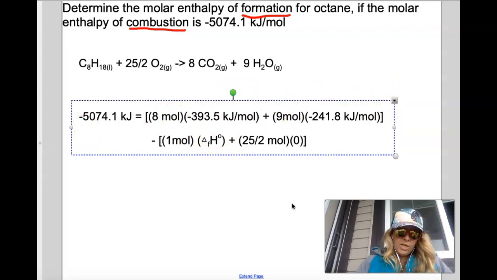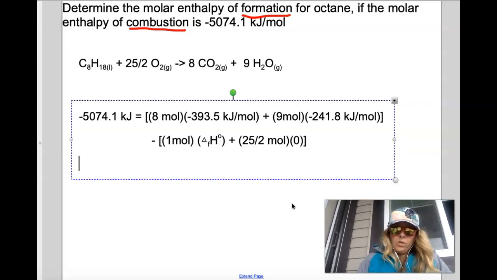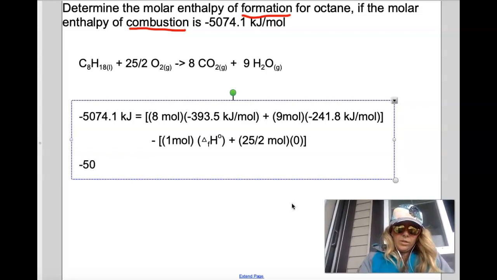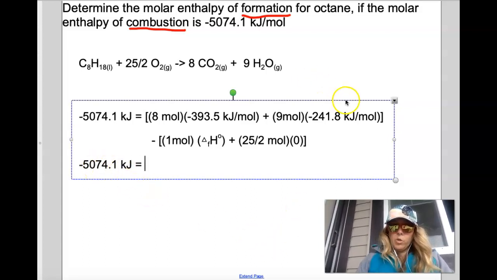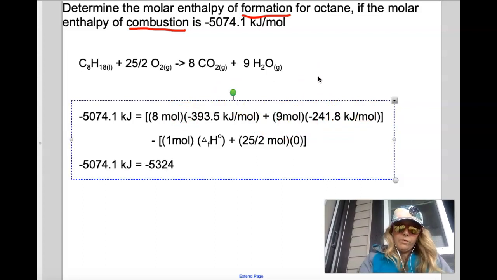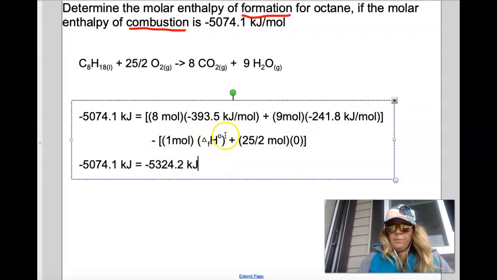So let's do 8 times negative 393.5 plus 9 times negative 241.8. Again, I'm going to write everything out because I tend to lose you guys if I don't, but if you don't want to, you don't have to. So we still have the negative 5,074.1 kilojoules. I got the sum of this here. It's negative 5,324.2 kilojoules. Then 1 times delta FH naught is delta FH naught, plus 0.